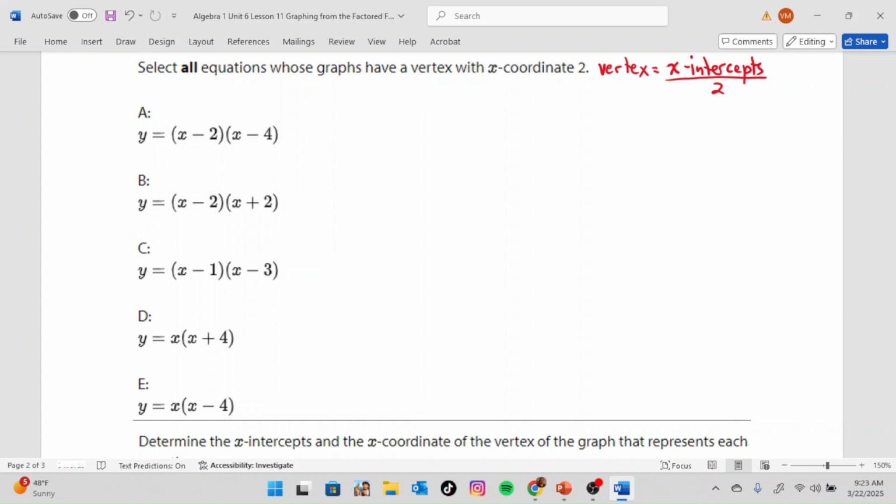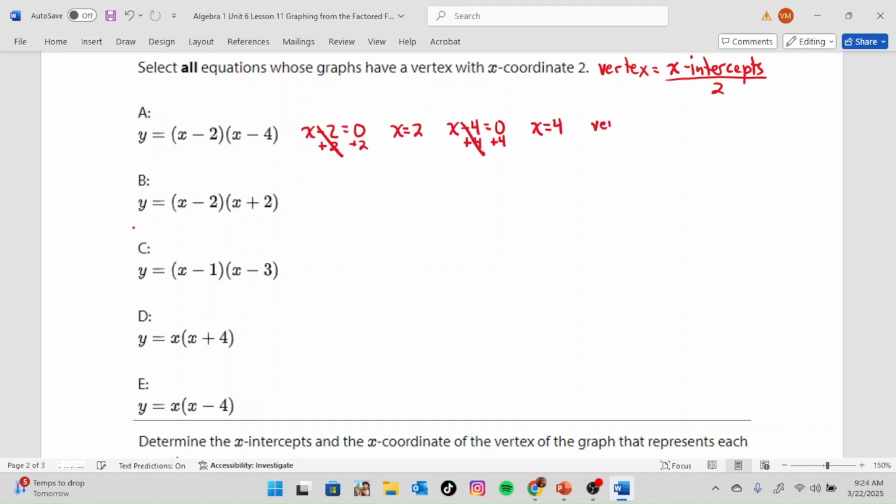So, for choice A, if I have x minus 2, set that equal to 0, add 2 to both sides, and I get x equals 2. Then I'm going to take x minus 4, set that equal to 0, add 4 to both sides, and I get x equals 4.